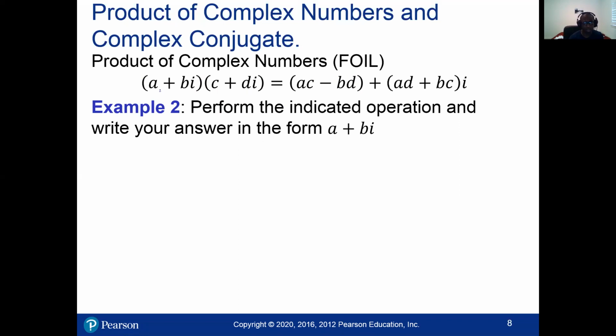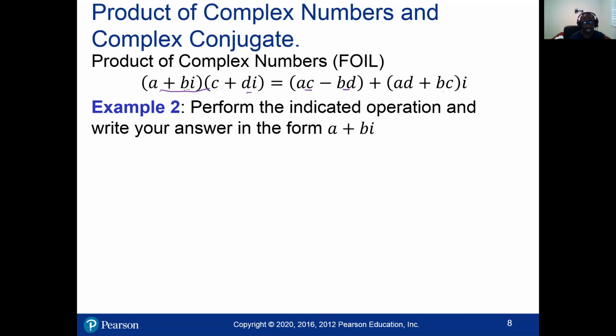a times c, and then you have b times d, and then plus ad, and then bc.